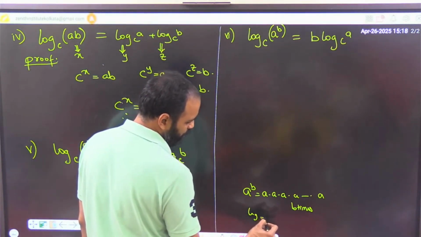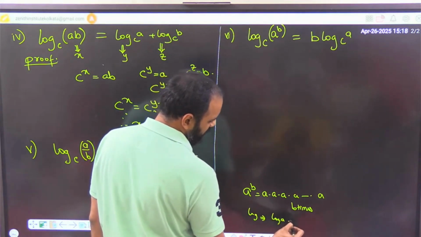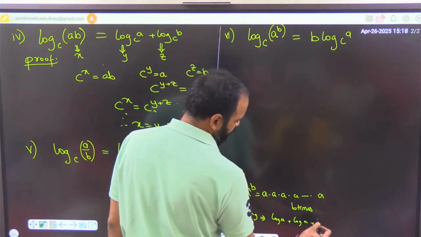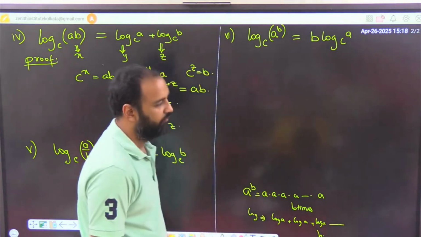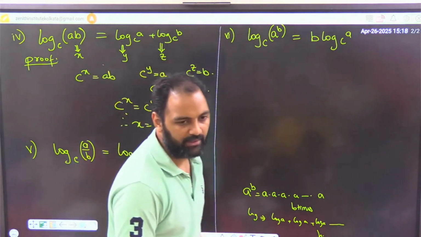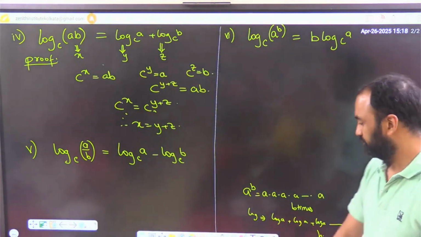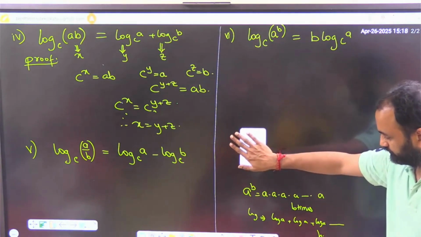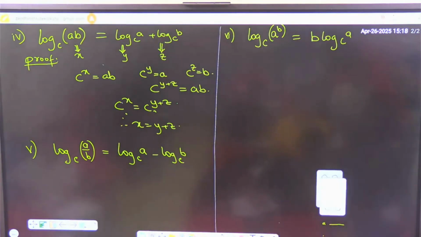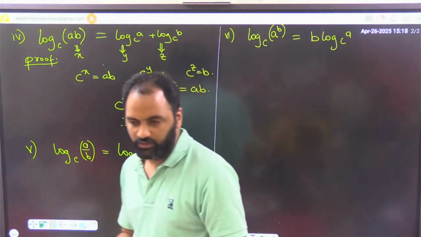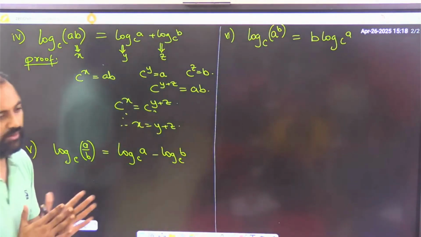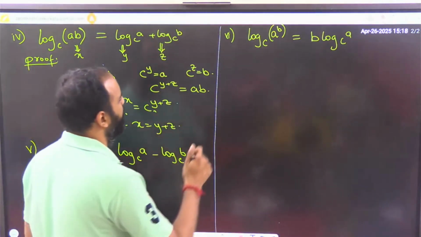So log will then end up becoming log a plus log a plus log a, written b times, which would be b times log a. So the power of the number comes out, it will jump out in the numerator.